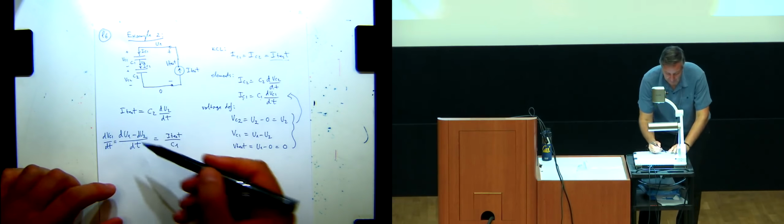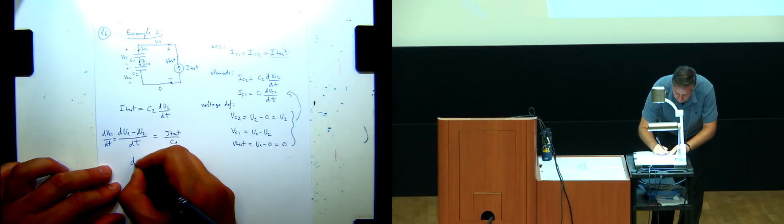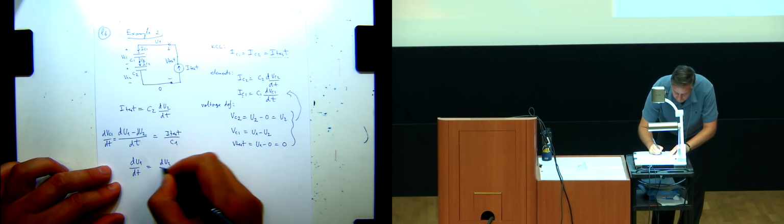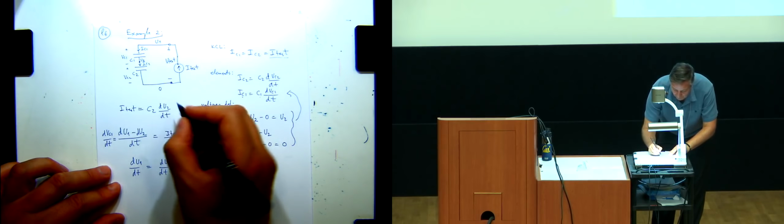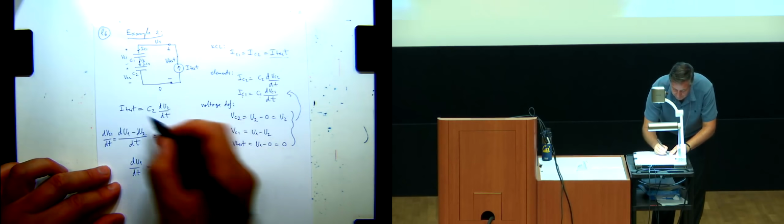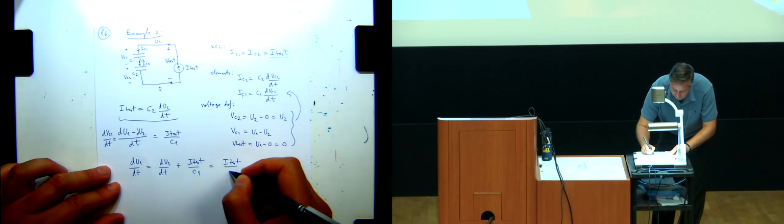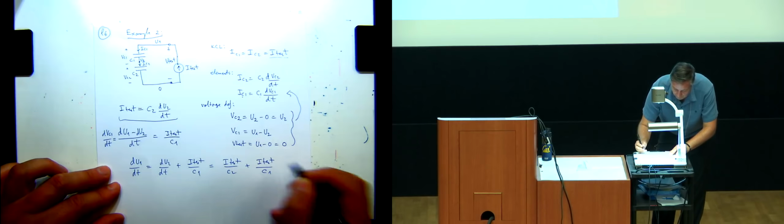Okay, and now I have everything I need. So I have dU1/dt equals dU2/dt plus I test over C1. And I already have what dU2/dt is. That's from here. That's I test over C2 plus I test over C1, right?